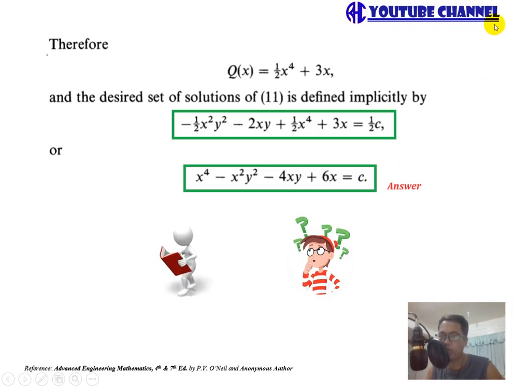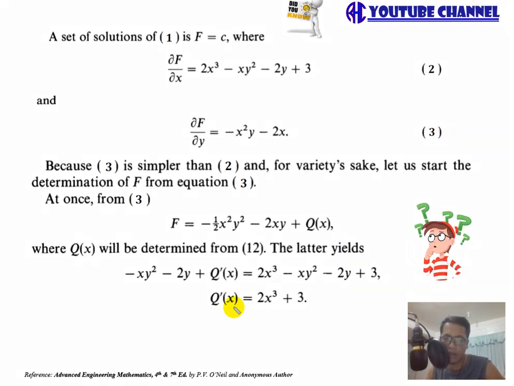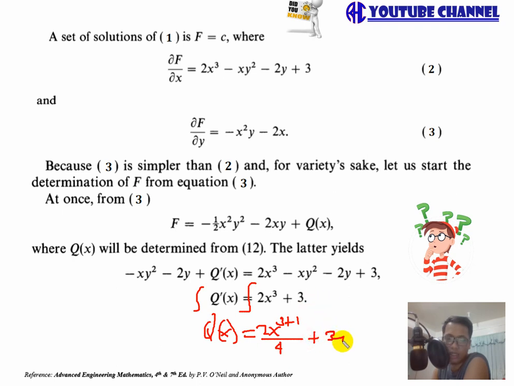So therefore, balik tayo. Para makuha natin si Q, dapat kailangan natin i-integrate yan. Pag i-integrate natin yan, ito na yung value ng Q natin. So Q of x is equals integration, magiging 2x cubed plus 3 with respect to x.